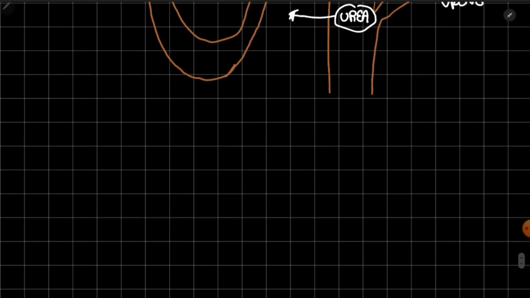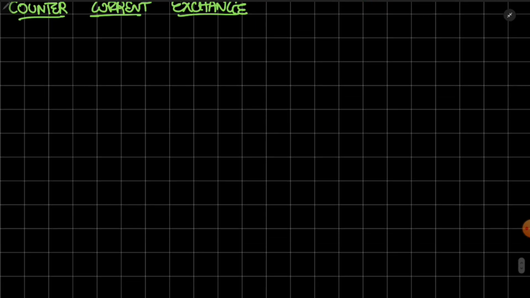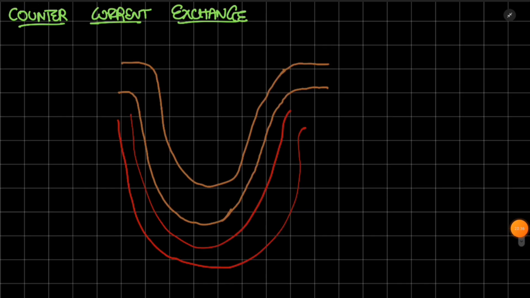Now the vasa recta, the countercurrent exchange. I have purposefully drawn this diagram. This is the loop of Henle, and this is the vasa recta.